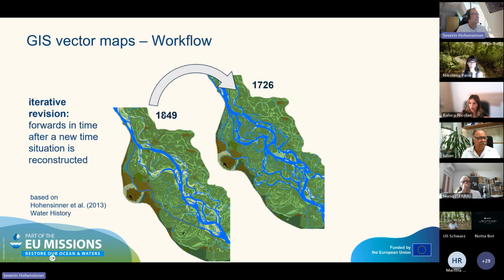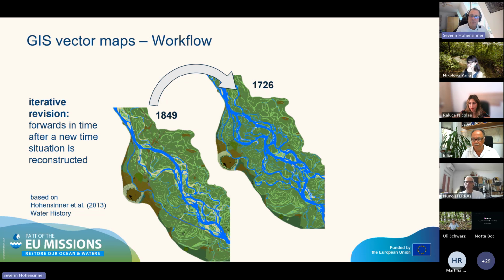So we see we made, let's say, 1726, for this is the Vienna floodplain. And then maybe we see in 1726 there are some river structures, water bodies depicted in the historical maps that were not shown in 1849, but somehow they must have been visible, still partly existed in 1849, maybe in the form of an abandoned arm or an already vegetated terrain depression or something like this.